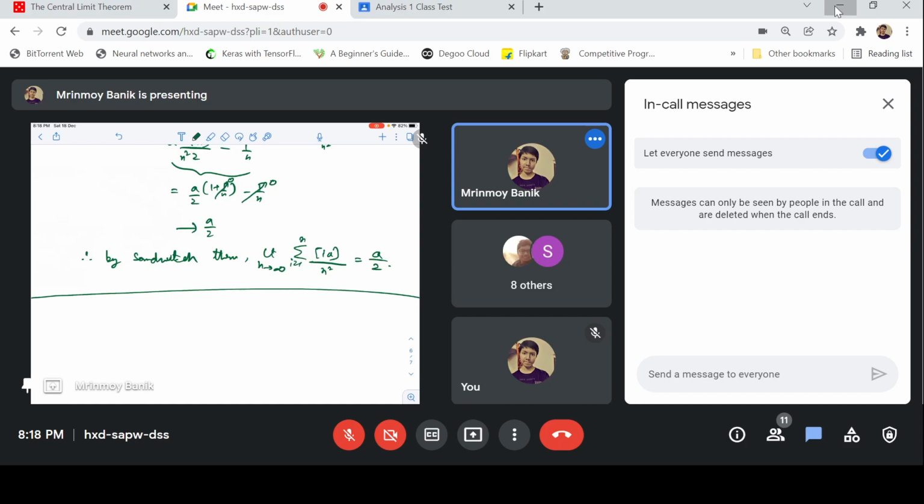Let's start with continuity now. So how do we define a function as continuous?